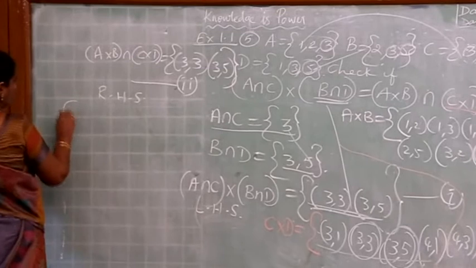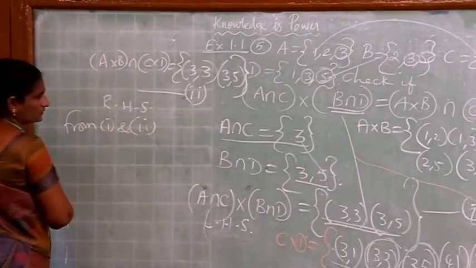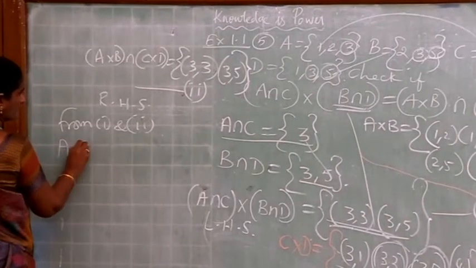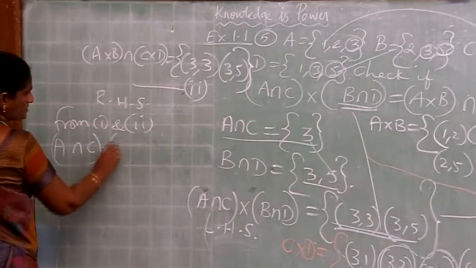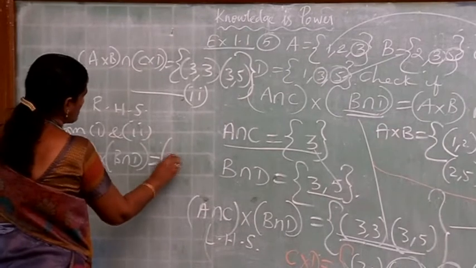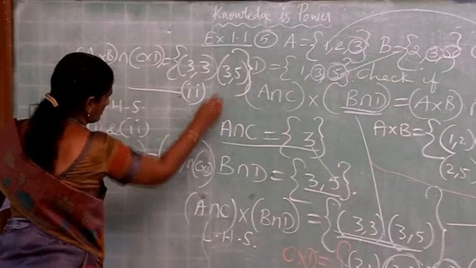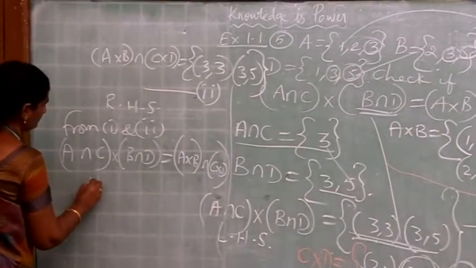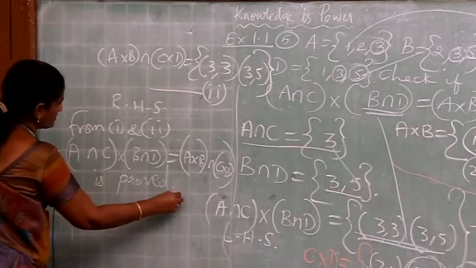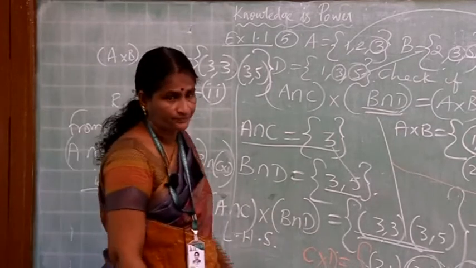So A intersection C cross B intersection D equal to A cross B intersection C cross D is proved. Okay, these two are the same. Okay, do you understand?